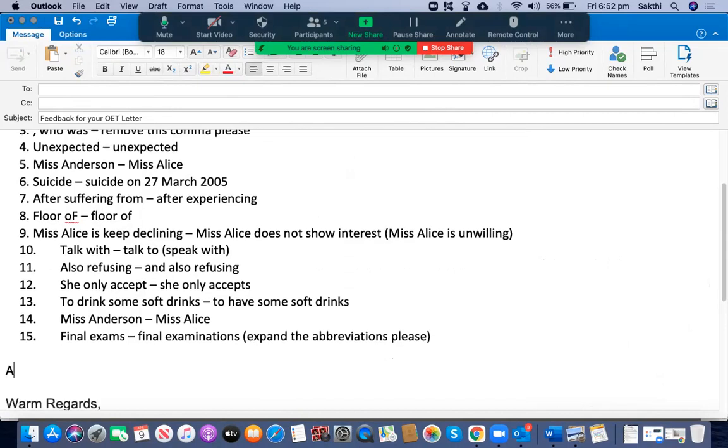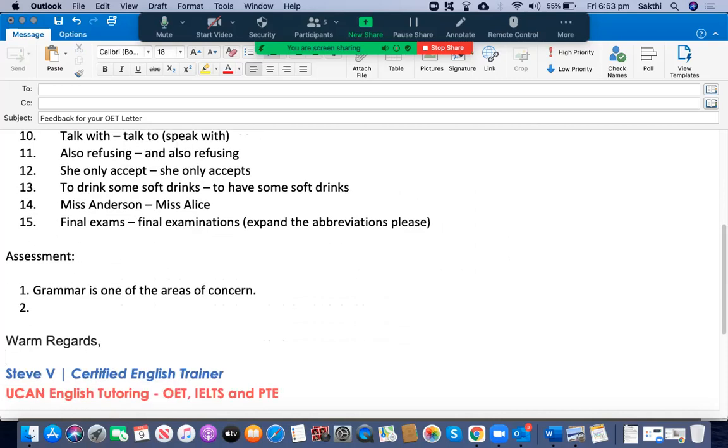Let me give you the assessment now. Grammar is one of the areas of concern. You have to improve your grammar, particularly use of nouns, verbs, punctuation marks, articles, and prepositions could have been better.